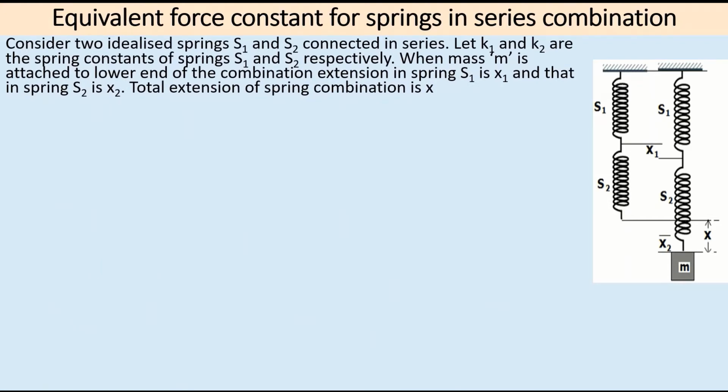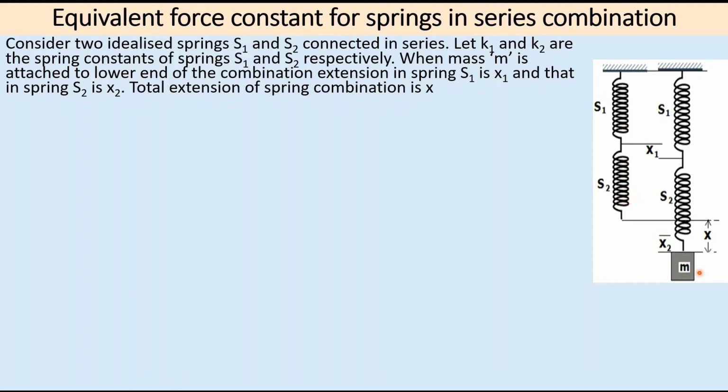Let us consider two idealized springs S1 and S2 connected in series. So this is spring S1 and this is spring S2, which is connected in series. Let K1 be the spring constant for S1 and K2 the spring constant for S2.